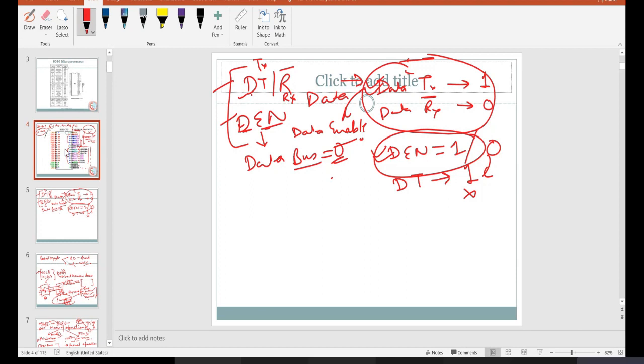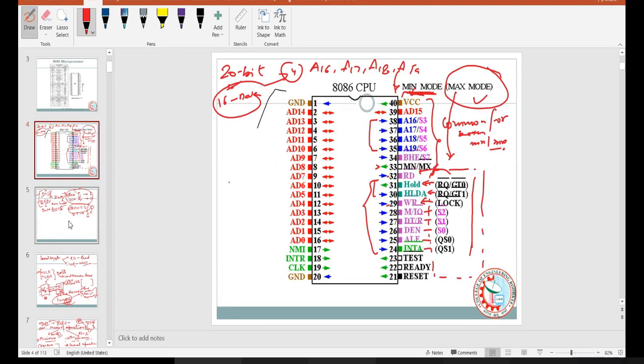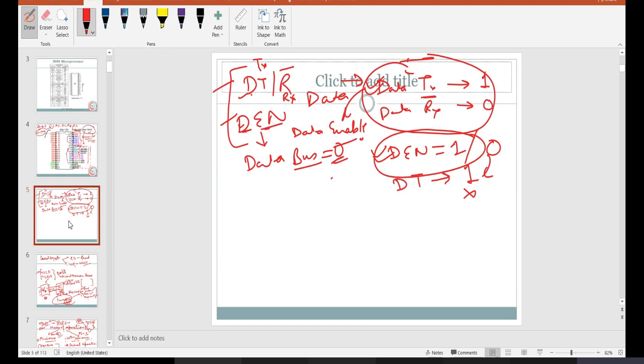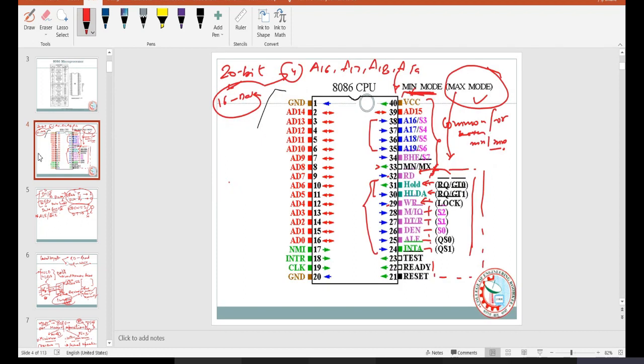So next we have ALE, and this is pin number 25. Guys, try to understand that ALE is the most important operation of a microprocessor, and the similar operation we have is BHE bar. I'll tell you beforehand, BHE bar and ALE are almost the same.